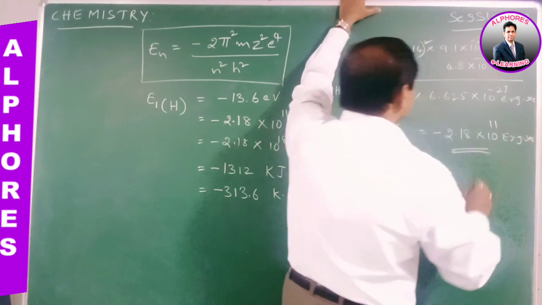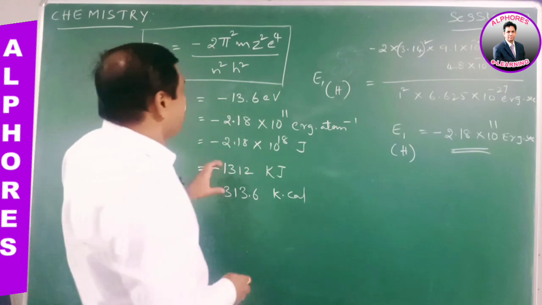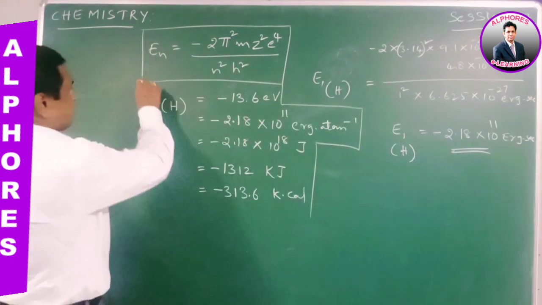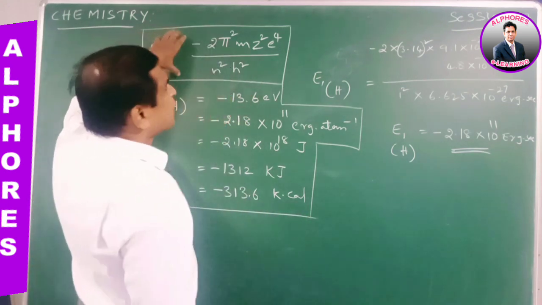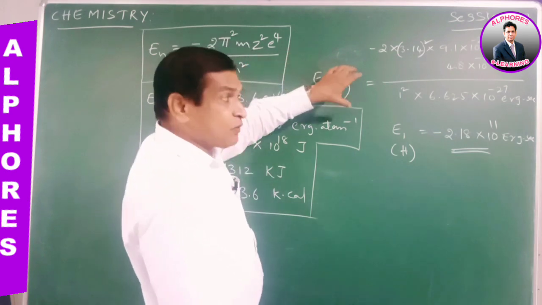That is how we can calculate the energy of the electron in the first orbit, and also in the nth orbit. This is the basic equation. By using this we can calculate the energy of the electron in the first orbit of hydrogen atom.